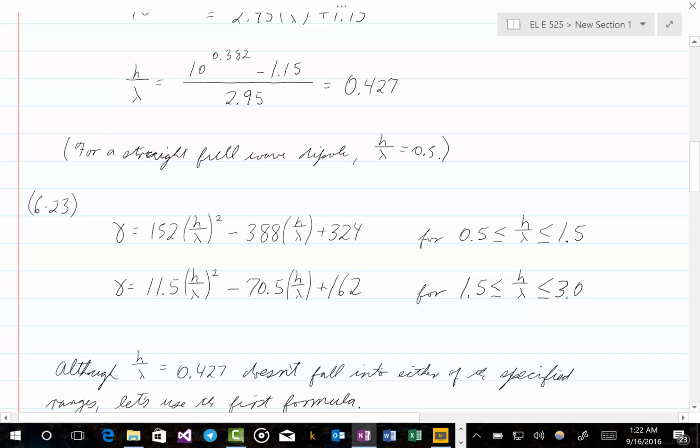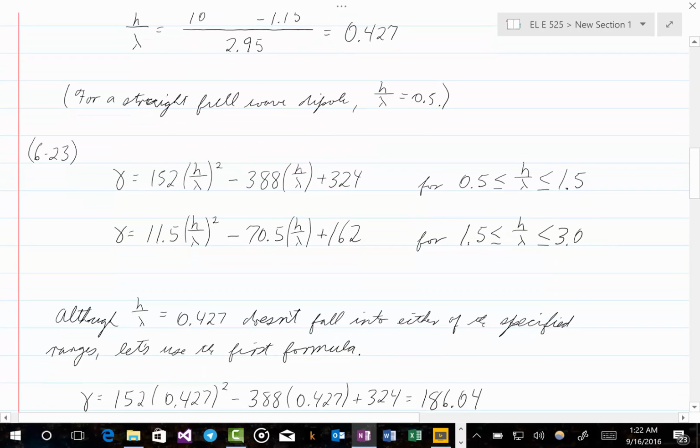Now, of course, in the problem under consideration, h over lambda is 0.427, and really that doesn't fit into either one of these ranges, but certainly it's a lot closer to fitting into the top range than it is to fitting into the bottom range. So we will use this top formula to calculate gamma.